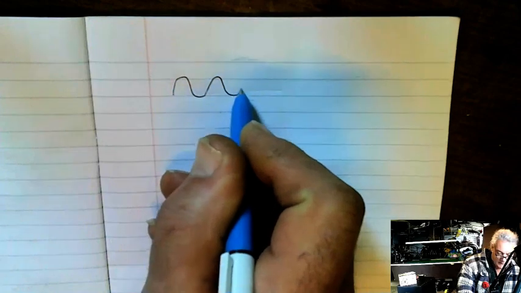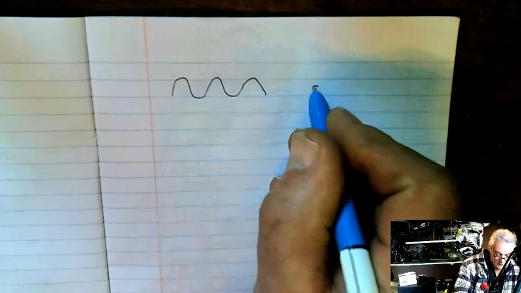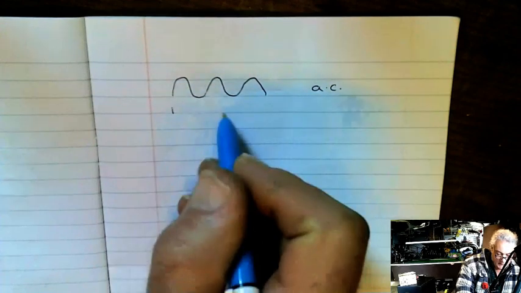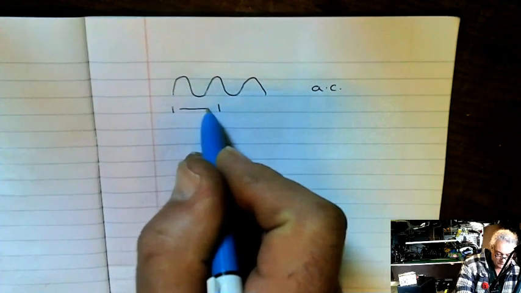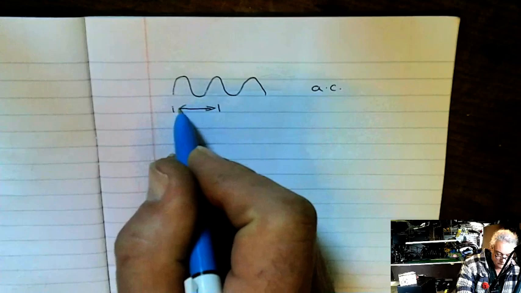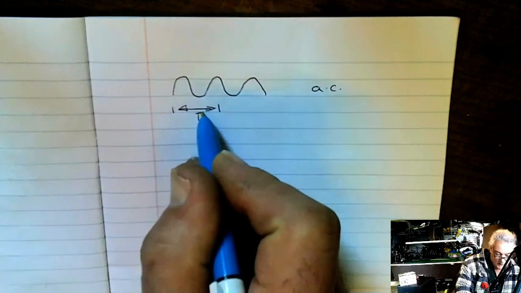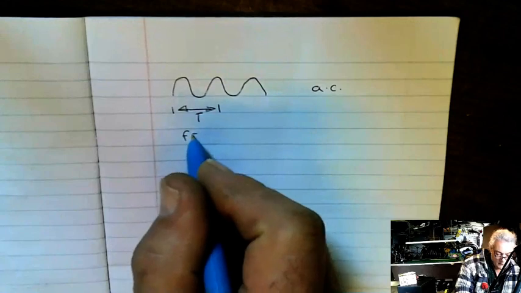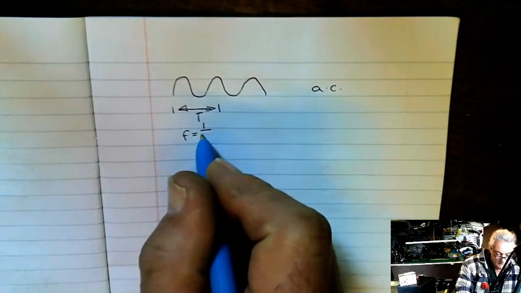And an alternating current will have a period and it will have a frequency which is equal to 1 upon the period.